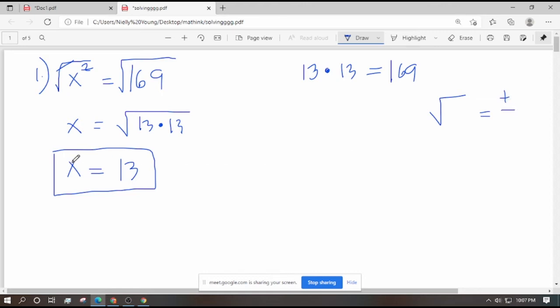Therefore, your x here is positive and negative 13. For all square roots, there are two signs, positive and negative. Got it?